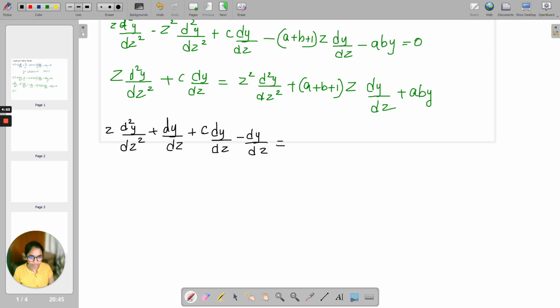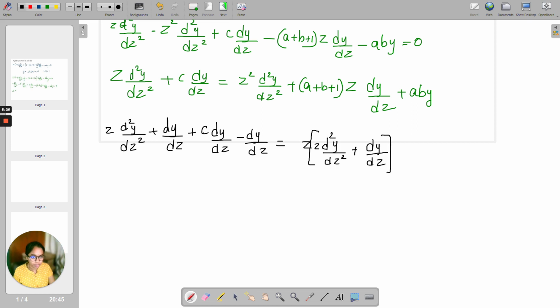In the RHS you can take z common. I'm taking z common from z square d square y by dz square, so z d square y by dz square remains. From the other terms I'm taking z common, so what would be remaining? dy by dz.